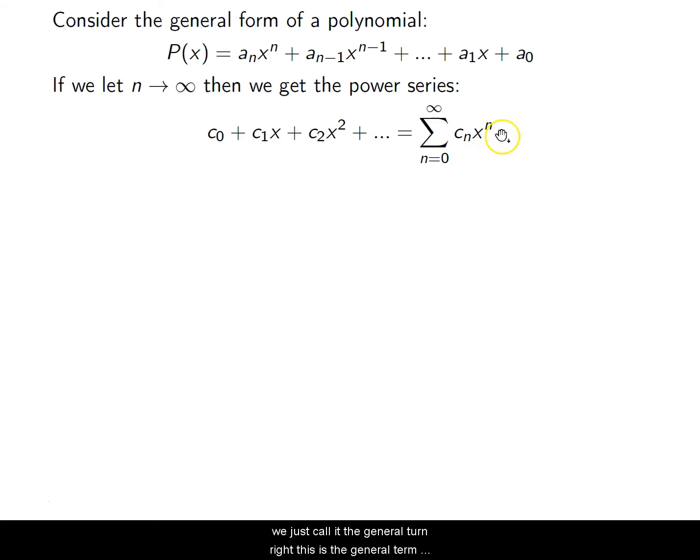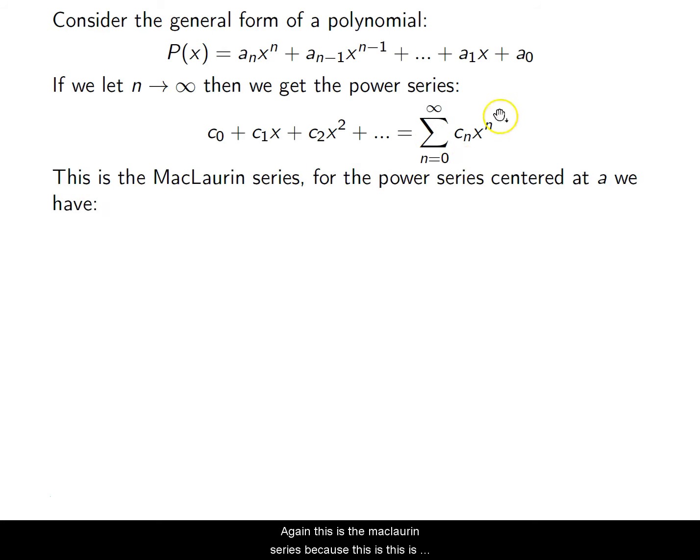This is the general term that tells us what our series looks like, okay? So this is the lower index of summation. This is where we start, this is where we end, and this is the general term, right? So again, this is the Maclaurin series because this is what a power series looks like when it's centered at 0. We talked about that a couple of videos ago.